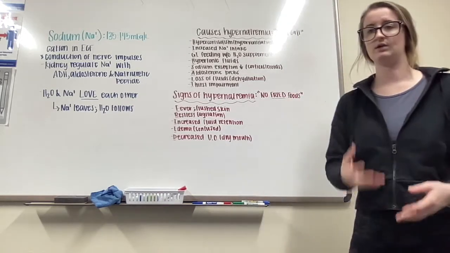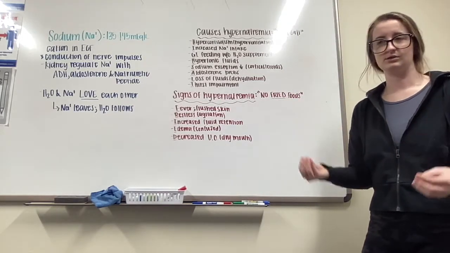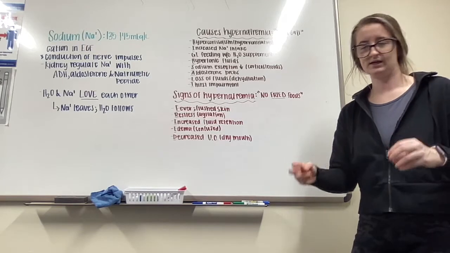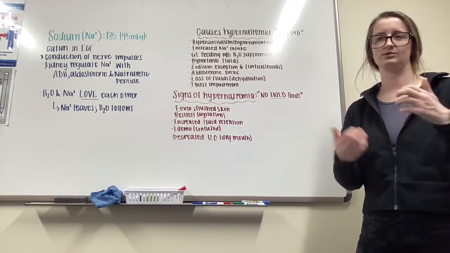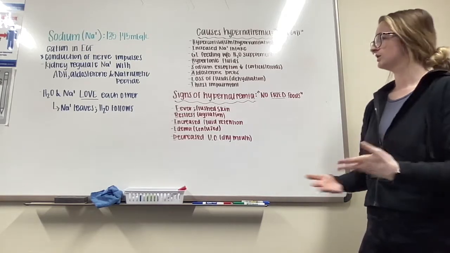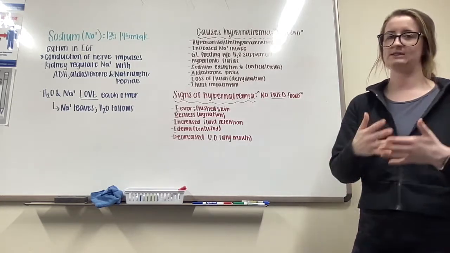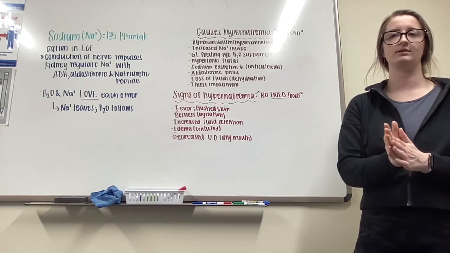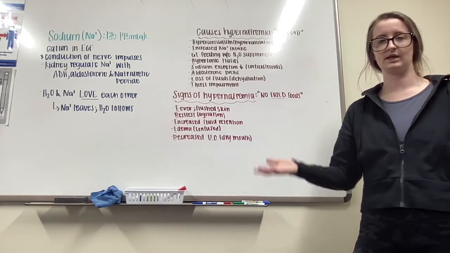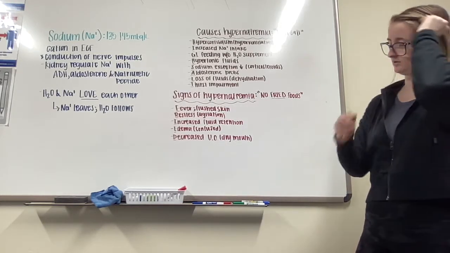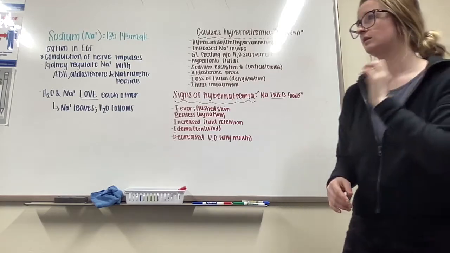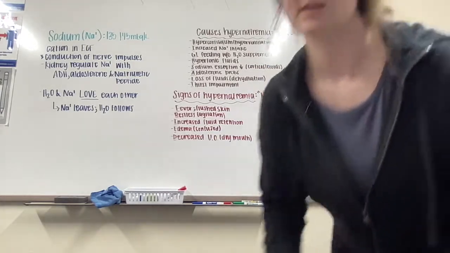They're going to be dry, kind of cracky, and you don't want that. You want to get that back down. You want it to be where they are normal. They can have a normal or increased urinary output. All right. Thank you for listening.